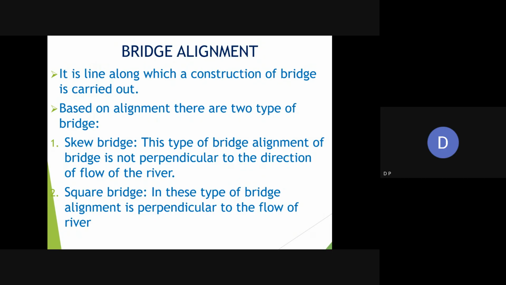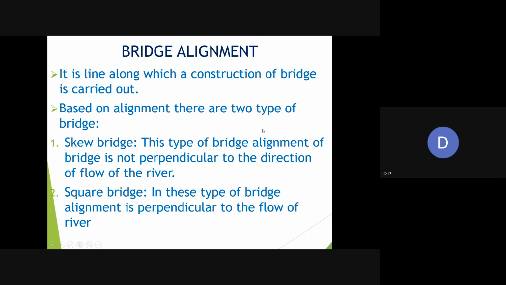Because different techniques are available, we can design and simulate the loads acting on the piers, how that particular bridge will behave, and based on the different studies, we can align the bridge in different locations. It is the line along which the construction of the bridge is carried out.